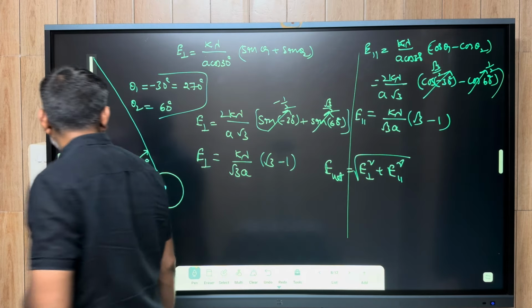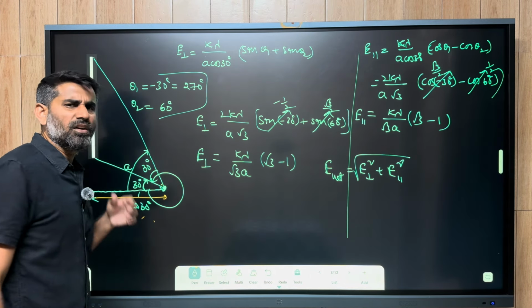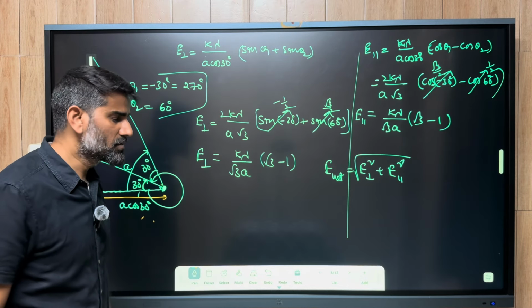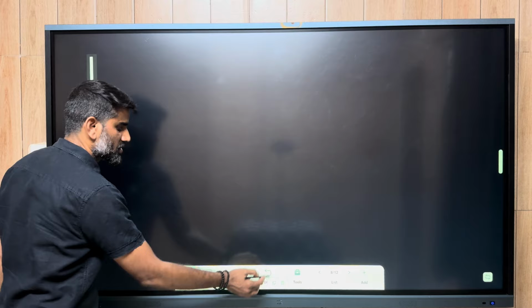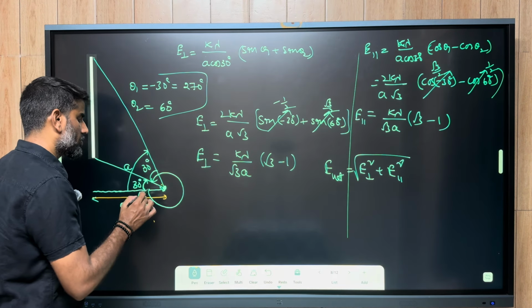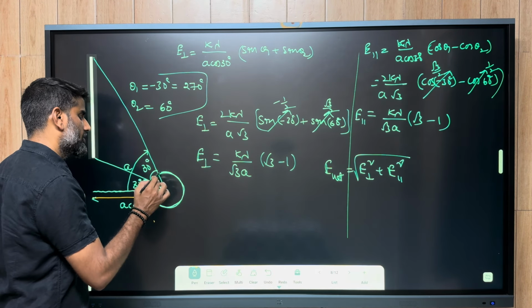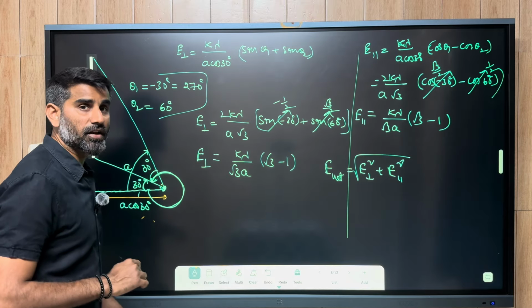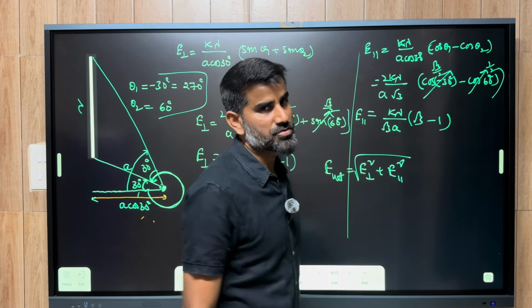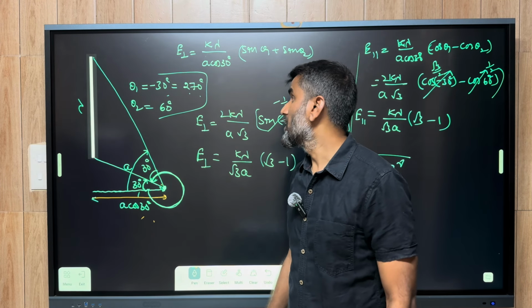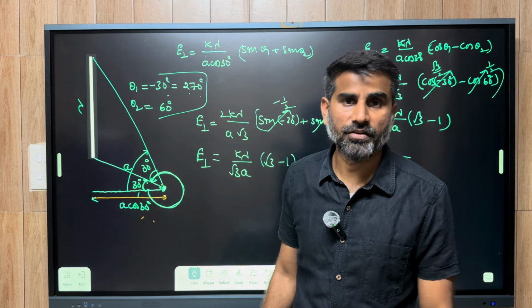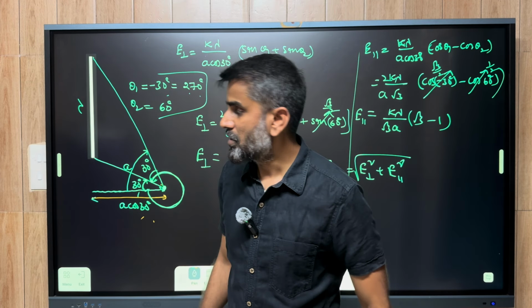Or else, to avoid this confusion, you just start at the vertical line and draw the angle like this. Wherever you find the line, you measure the angle and substitute it directly. You can use 270 also, and you'll get the same results, right?